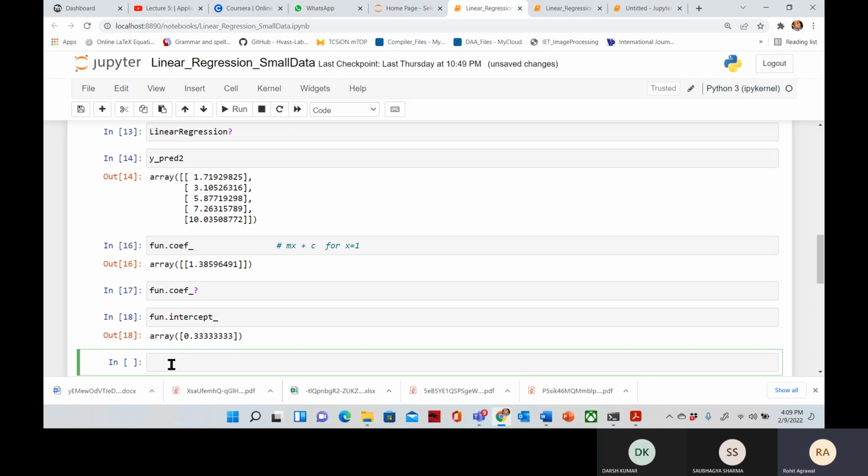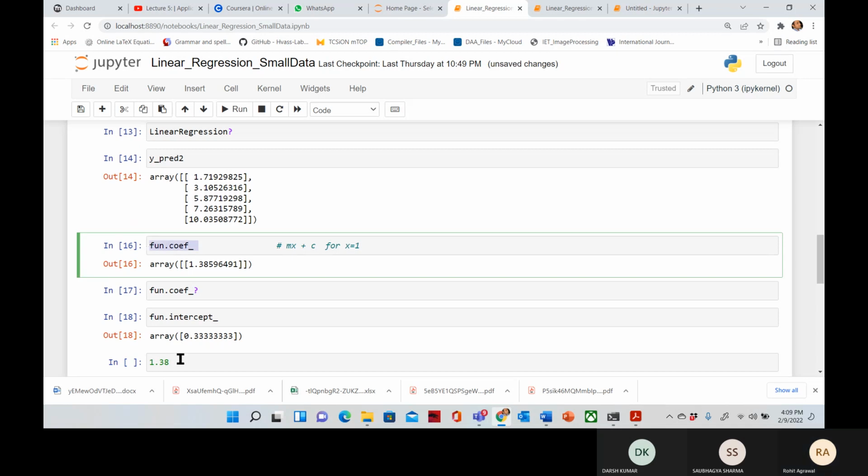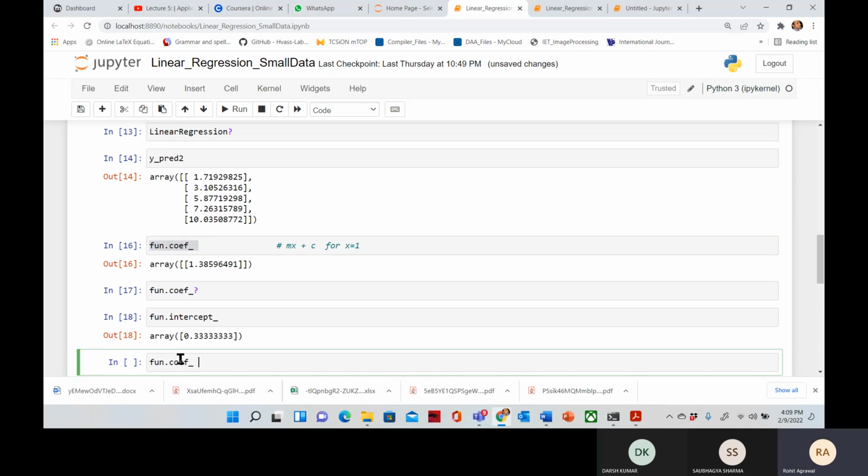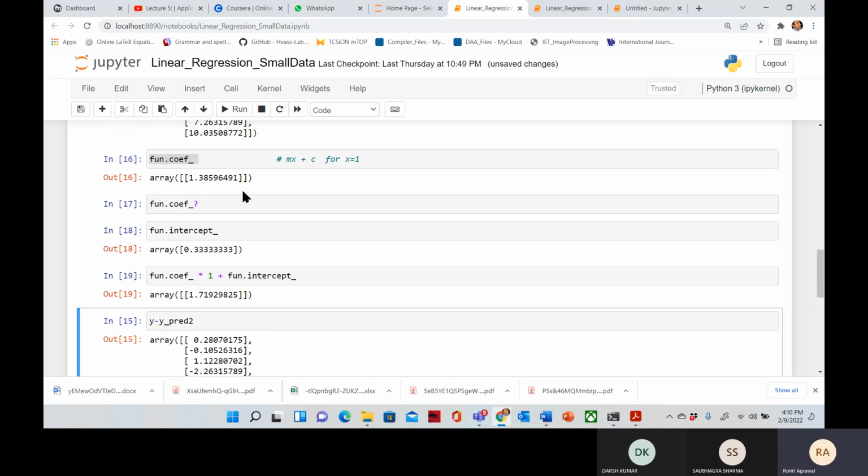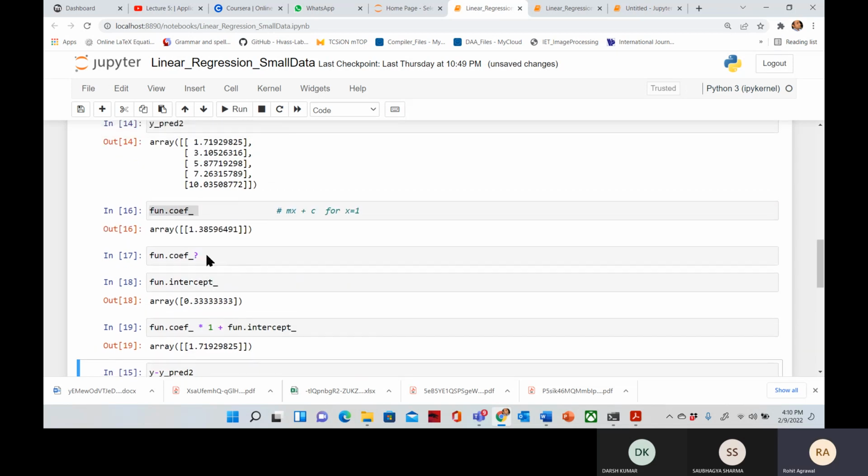That means m is 1.38, or you can say this value, times the x value, x is 1, plus the intercept, how much is it, 1.7. Oh, look at this. Yes or no? Yes, sir. So what does it mean? This will be the m value and this will be the c value, I think.